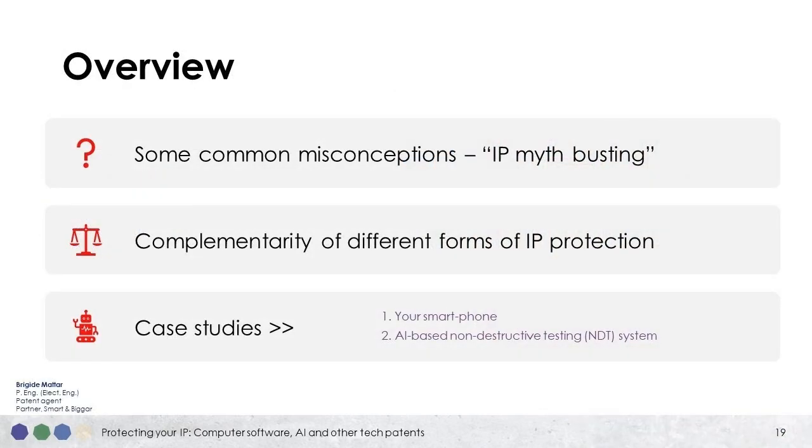The first one, I'm going to start with what Louis ended with his presentation, and I'm going to tackle some of the myths that are particularly applicable to software-related innovations. After that, we'll look at the different types of IP rights and how they can be used with some complementarity to protect these kinds of innovations, and then we'll look at two different case studies to illustrate these aspects.